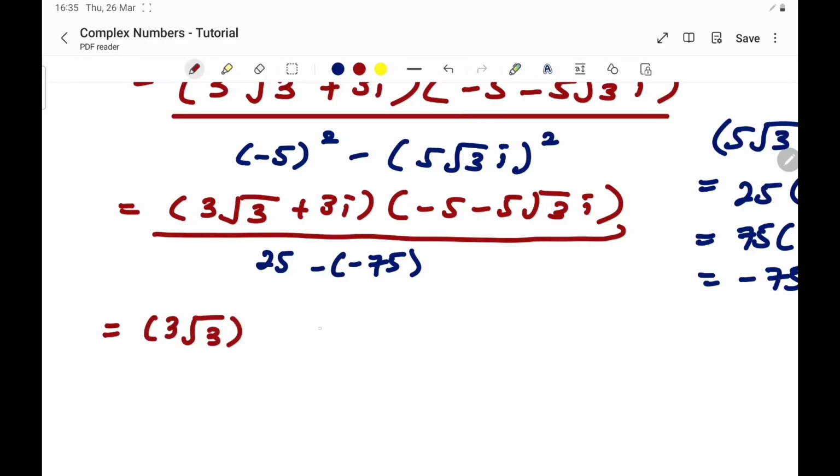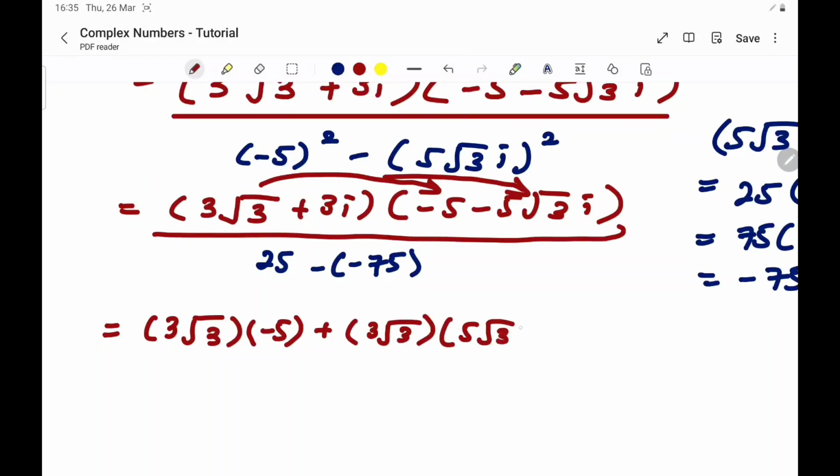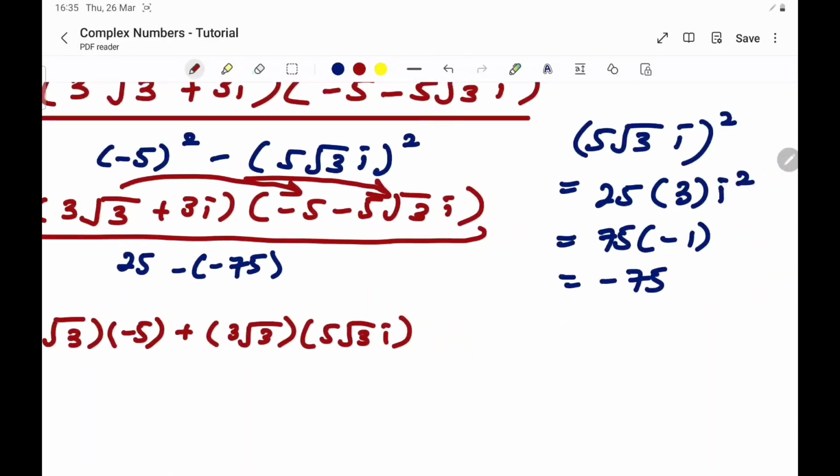And then you multiply also with this one, so plus 3 square root 3 multiplied with 5 square root 3i. And then 3i multiplied with negative 5, plus 3i multiplied with negative 5 square root 3i.